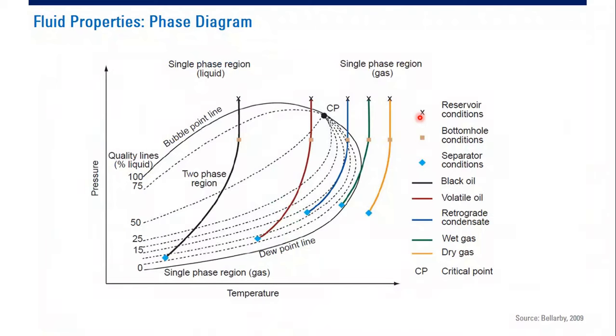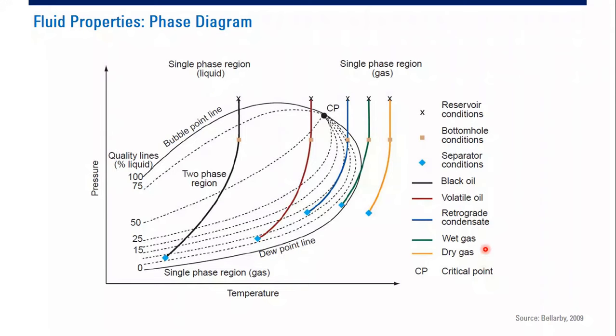Another property that is very important is fluid property, the phase diagram. We will talk about this in another lecture about fluid properties. Here, I just want to say that because of this phase diagram, we can have an oil reservoir or gas reservoir, or volatile oil reservoir, retrograde gas reservoir, wet gas, or dry gas.